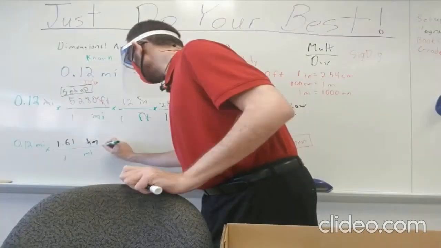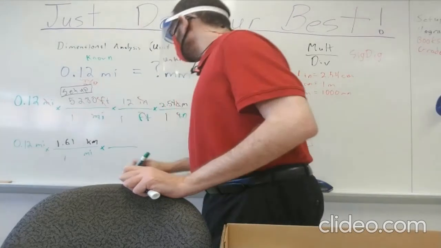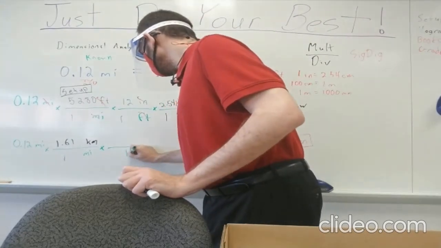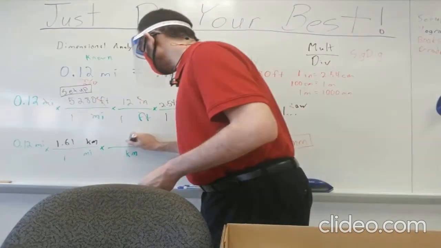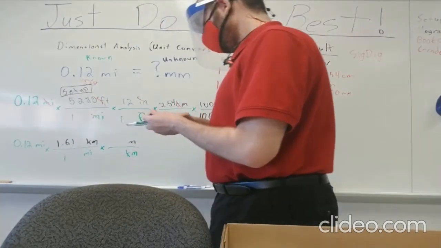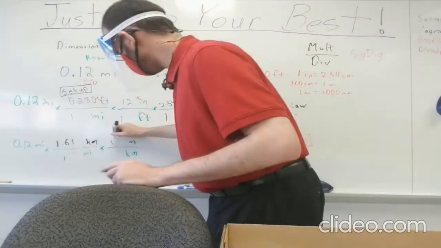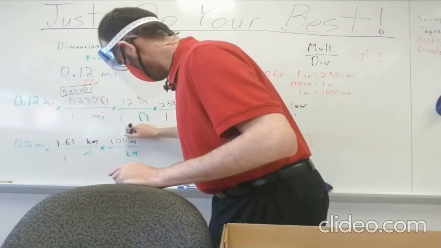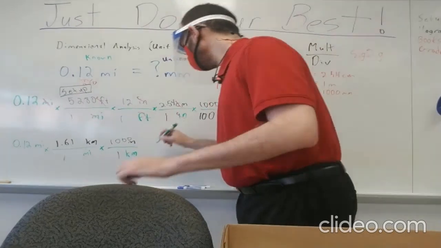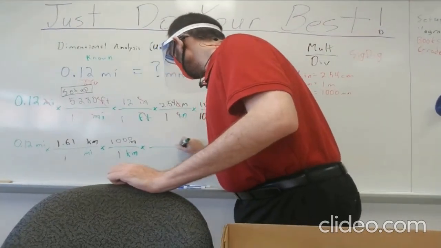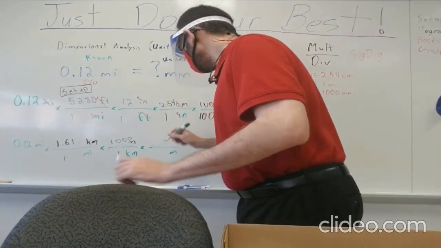Now, I don't want kilometers. I want millimeters. So I bring this down. Kilometers goes down. I'm going to change that to meters. There is 1,000 meters in 1 kilometer. But I don't want meters. I want millimeters.